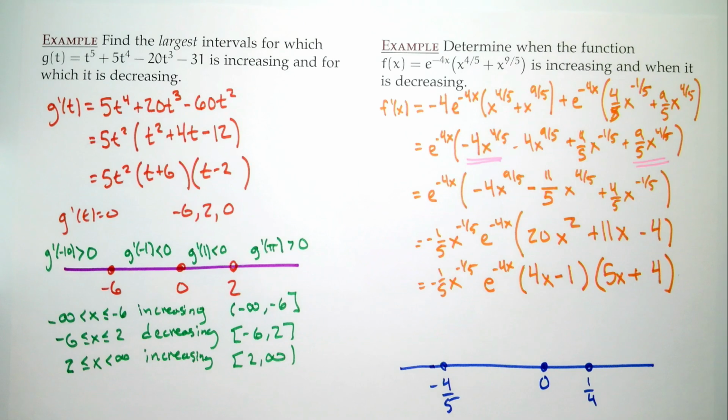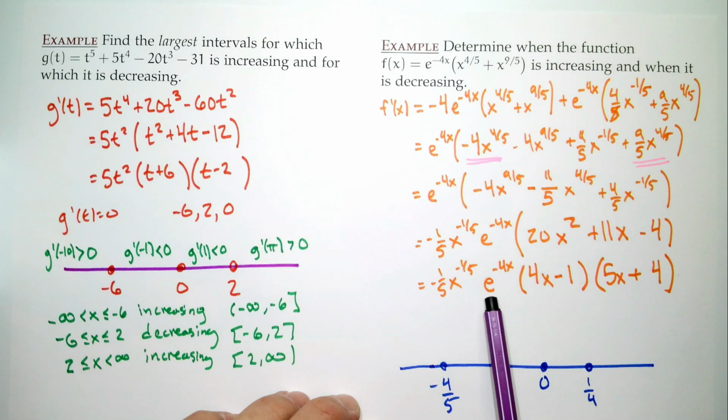Well, now we just need to figure out what our signs are. So, let's start maybe here. What's a number bigger than 1/4? 1. Okay, now we check the signs. Negative, because of that term. 1 to the negative 1/5 will be positive or negative?